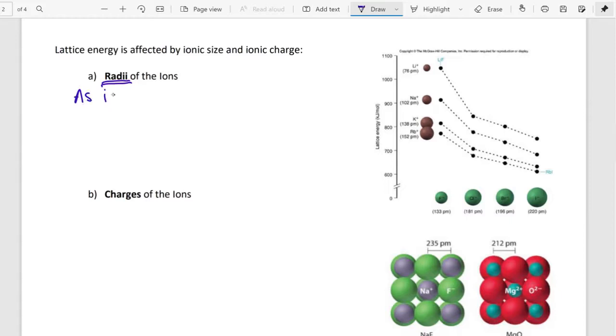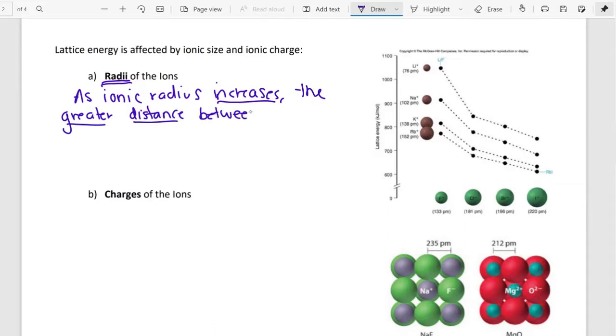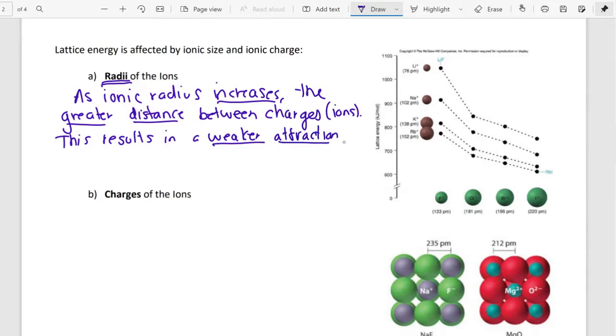We find that as the ionic radius increases, the greater distance between our charges, which are our ions, results in a weaker attraction between our ions, which will cause a decrease in lattice energy.